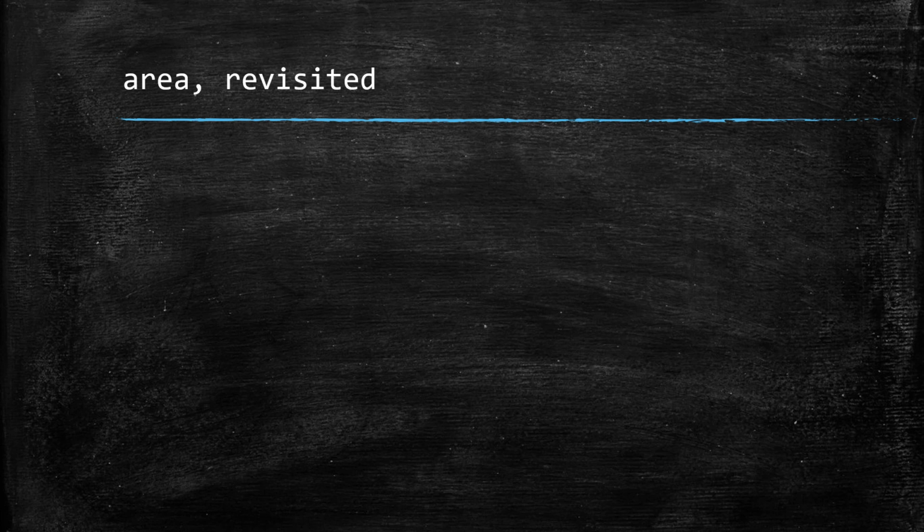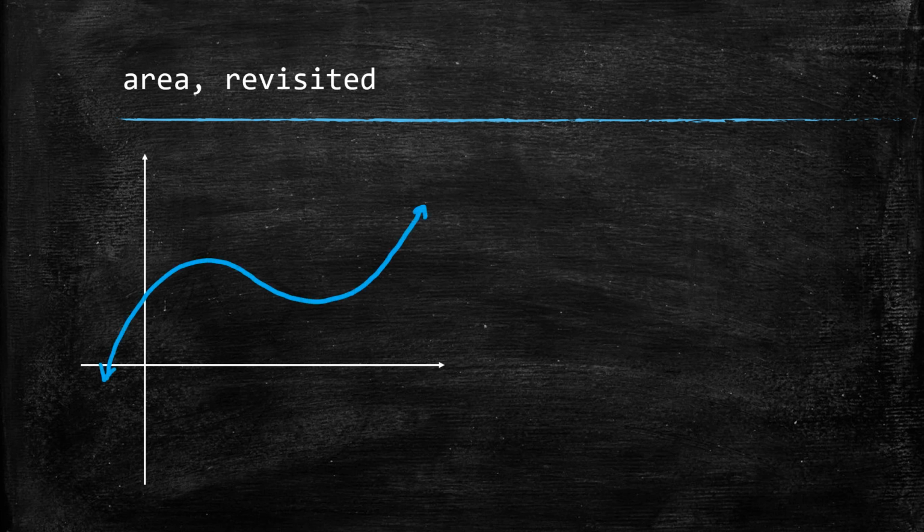So before we get into deriving the volume formula using calculus, we're going to revisit how we came up with the formula for the area under a curve, because the parallels are very helpful. So imagine, let's go back to when we tried to find the area under a curve from A to B, and let's just call this f of x.